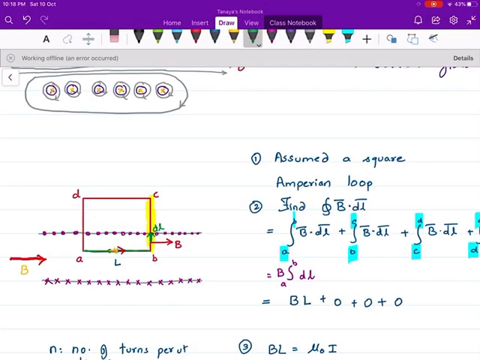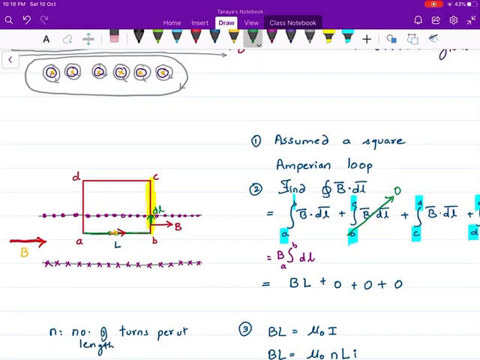So B bar dot dl bar, that is B dl cos theta, is going to be B dl cos 90, and cos 90 is 0. So this term is going to be 0, because B bar and dl bar are perpendicular to each other. That is, the angle between them is 90 degrees, and if the angle is 90 degrees, cos 90 is 0. So the dot product is going to be 0.